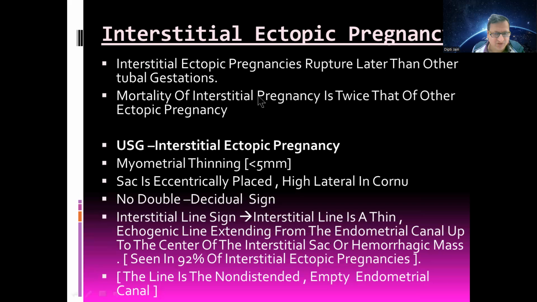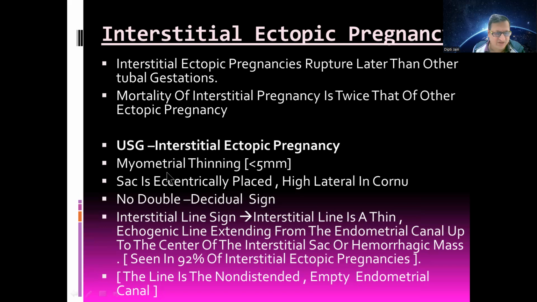The mortality of interstitial pregnancy is twice that of other tubal ectopic pregnancy, because it is surrounded by a highly vascular area, so bleeding is more in this ectopic pregnancy.